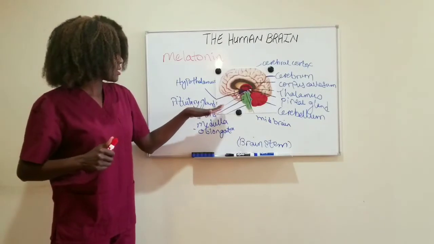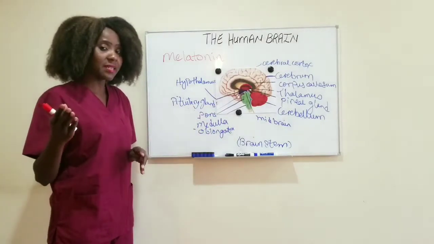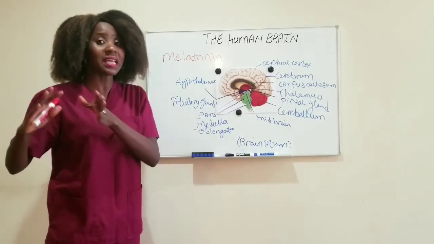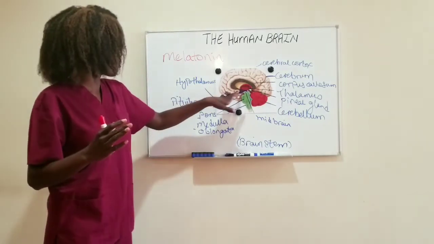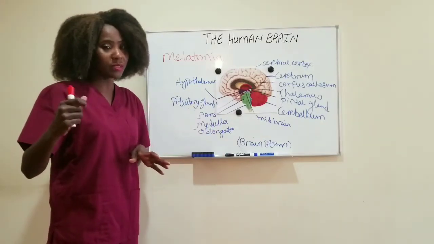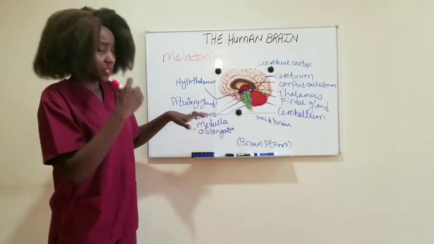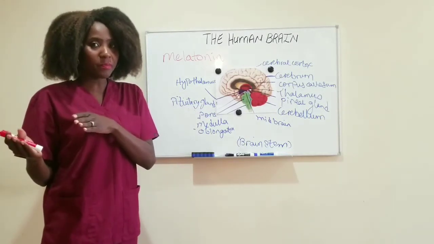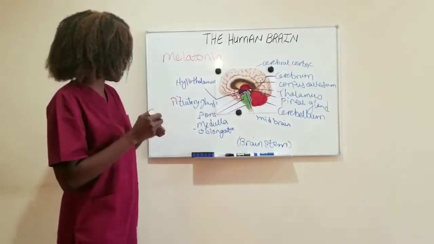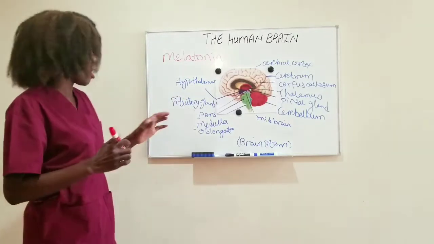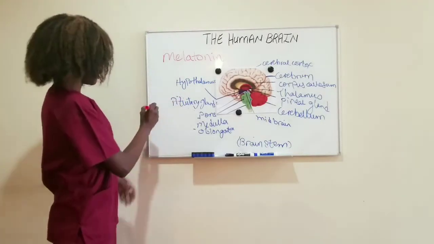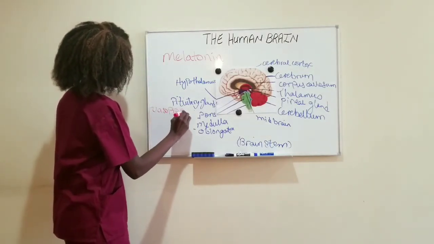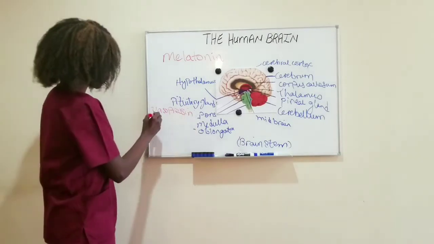So the posterior pituitary gland secretes, and by secrete I mean that it releases these hormones into the bloodstream. Remember, the hypothalamus produces the hormones, and this gland secretes or releases those hormones into the bloodstream with instruction from the brain. The two hormones that are secreted by the pituitary gland are vasopressin and oxytocin.